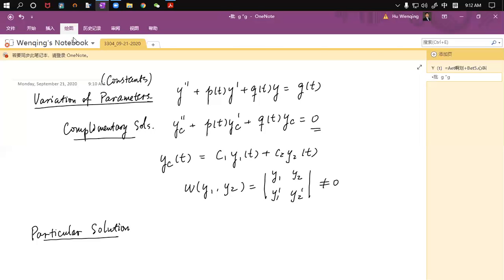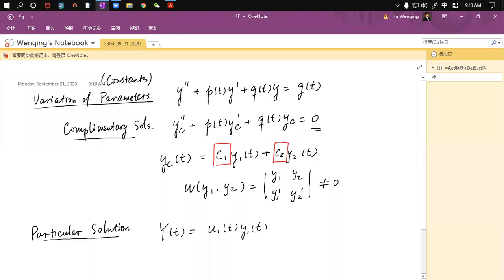If you look at the complementary equation, the two fundamental solutions are multiplied by some respective constants. Now, by variation of parameters, you would like to try a particular solution that varies these constants.